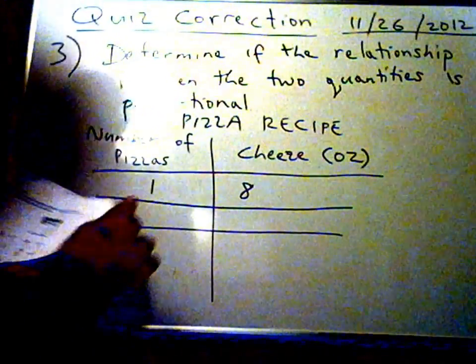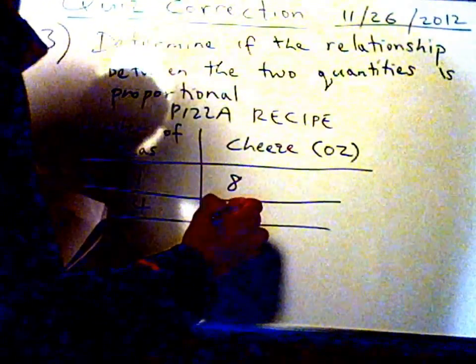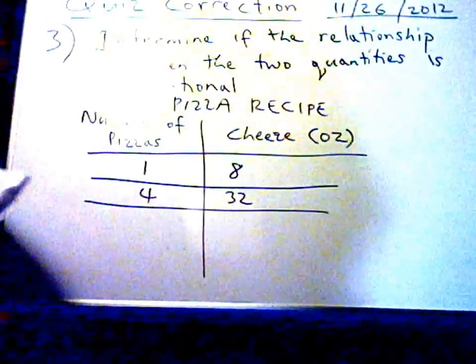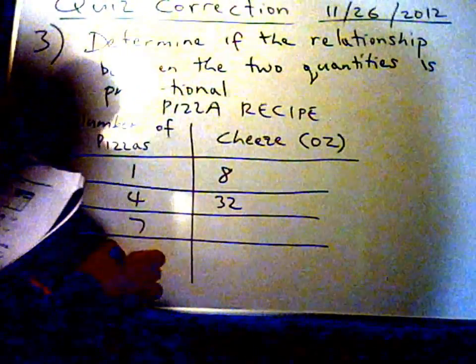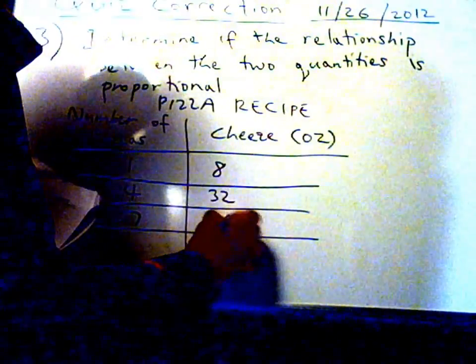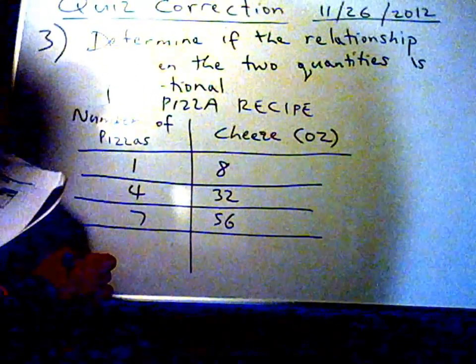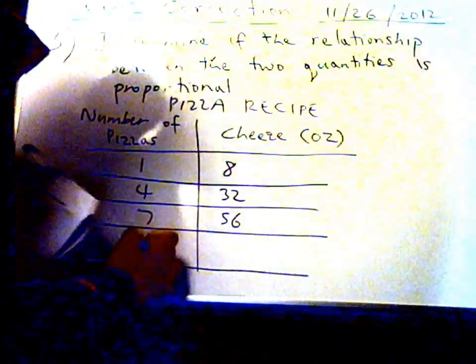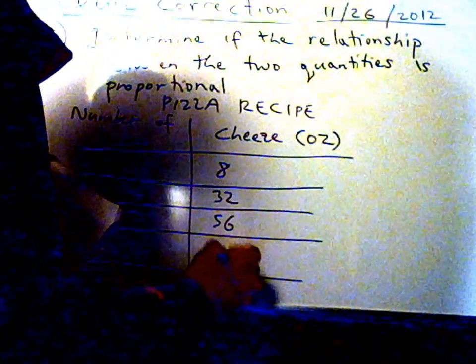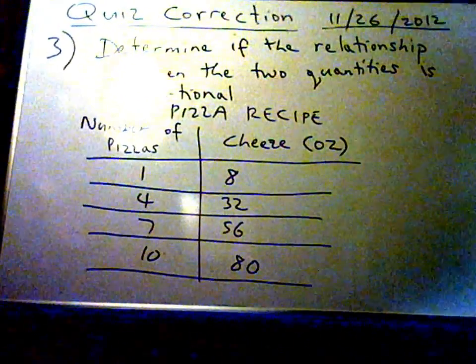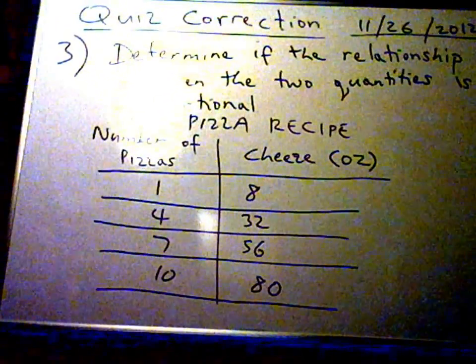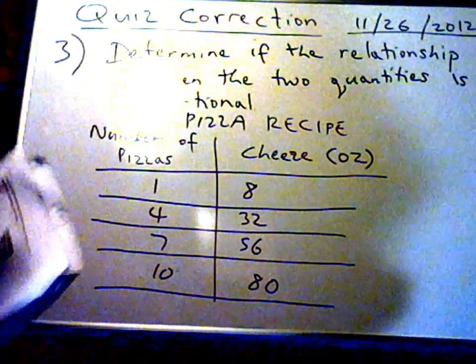For 4 pizzas we have 32 ounces of cheese. For 7 pizzas we have 56 ounces of cheese. And for 10 pizzas we have 80 ounces of cheese. And you can answer this question with or without a graph.